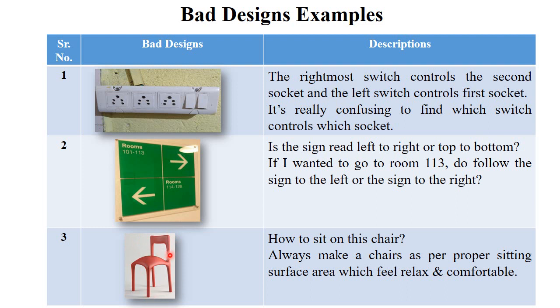This kind of chair is also available in the market. There are some fancy chairs or fancy structures of chairs available. But how to sit on these chairs, or how to stack them? A chair company should make a chair as per the proper sitting surface area, for relaxation and comfort for the person who buys the chair. So this is also a bad design example.